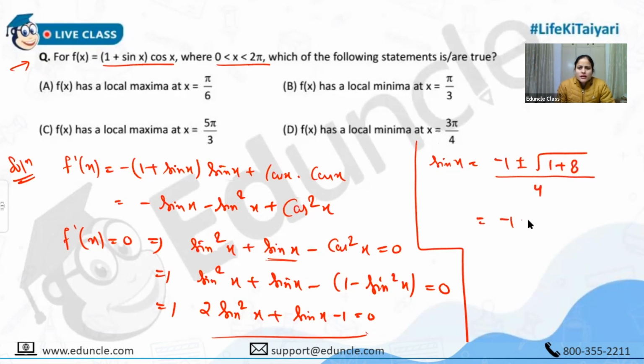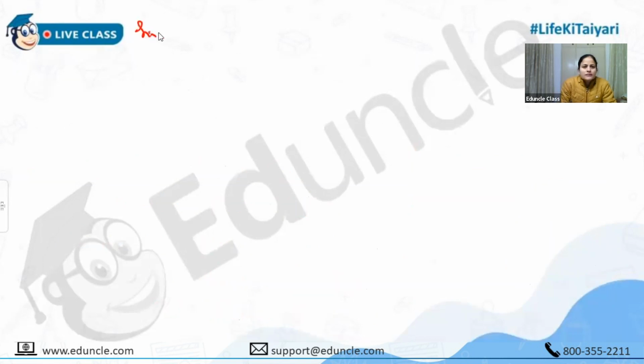So I'm having here minus 1 plus minus 3 divided by 4. So this implies that sin x is equal to, if I'm taking the minus value, minus 4 upon 4 will give me minus 1. If I'm taking plus, 2 by 4, that is I getting here 1 by 2. Okay. So we are having here that sin x is equal to minus 1 or sin x is equal to 1 by 2.